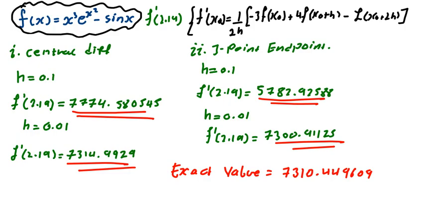And what you do is, if you observe, 7,310.449609, if you subtract this one, you're going to get something that's a negative. But just take the absolute value, the positive value of it. So just subtract this one, this one, this one, that one, and check which one is going to give you the lowest error.